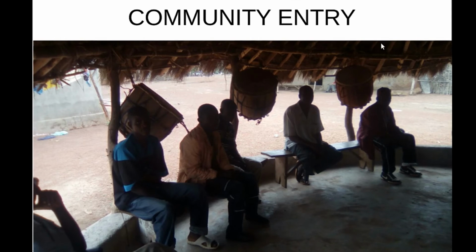The villagers levy a local tax on these situations. This is a community entry moment where the elders are gathered round in the village, and we make sure that everyone knows what the project is, what it's about, and hopefully that will help them to understand how to use it on their own phone and become self-sufficient, doing their own mapping for their own needs.